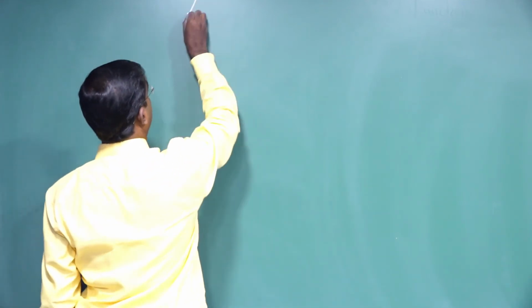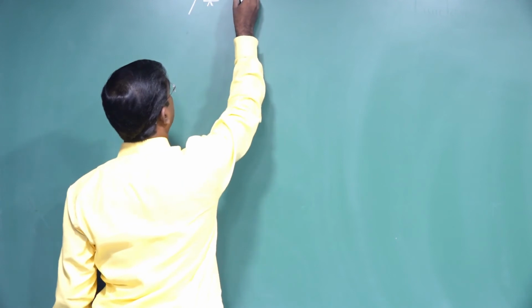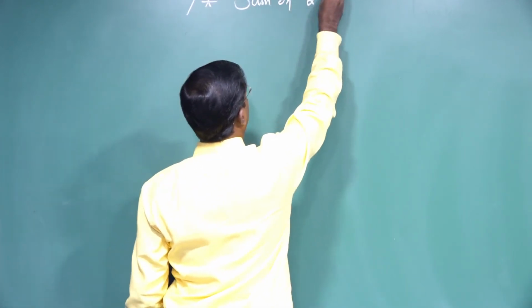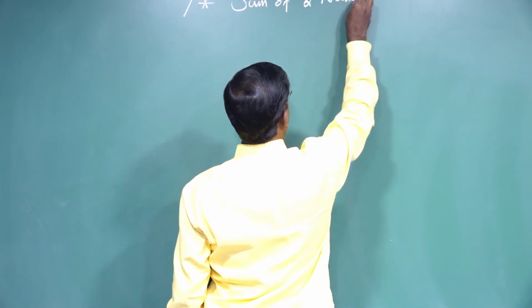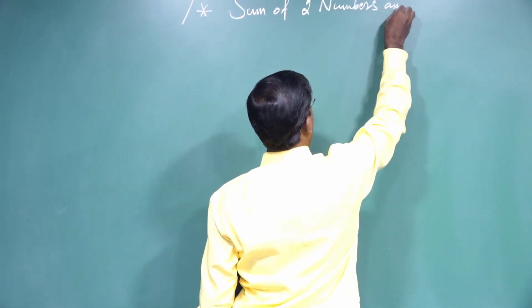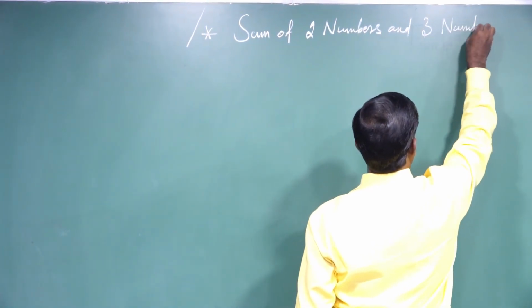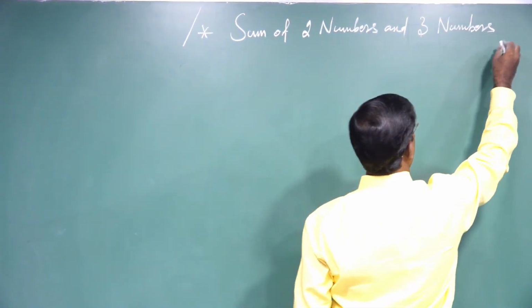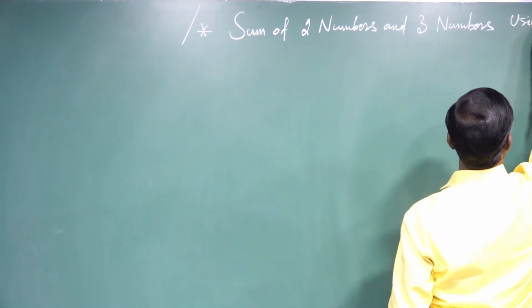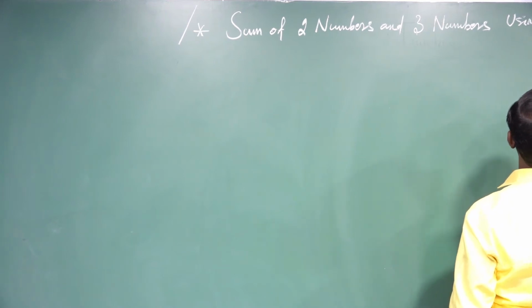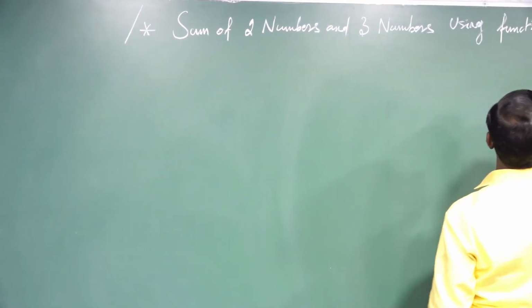Here the program is the sum of 2 numbers and 3 numbers using function overloading.